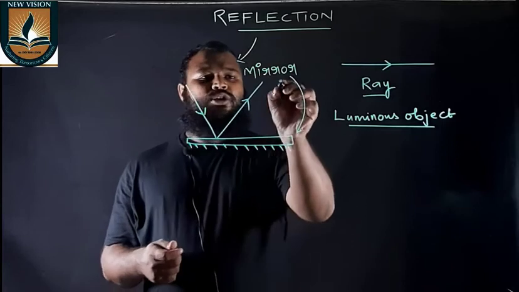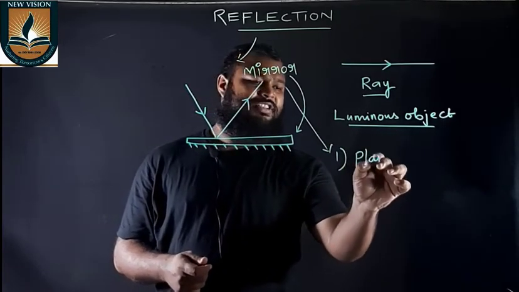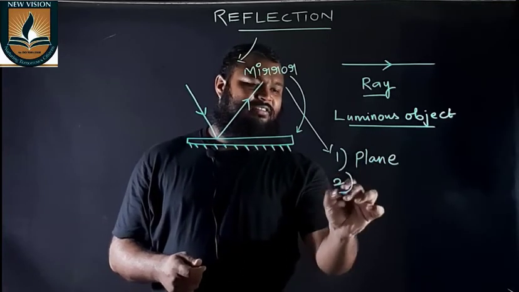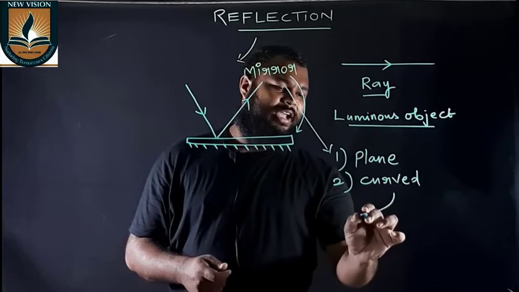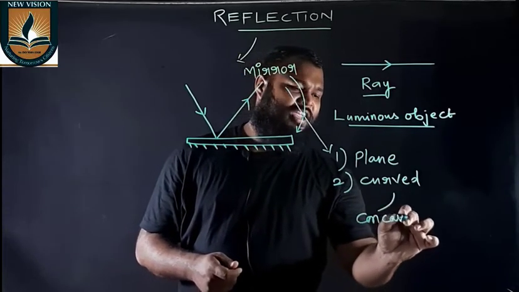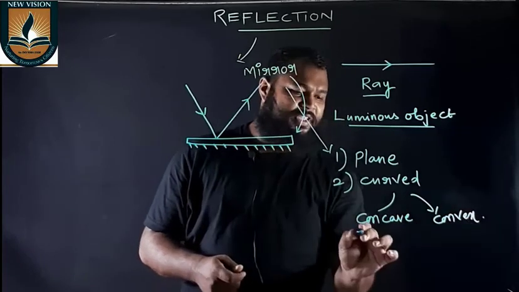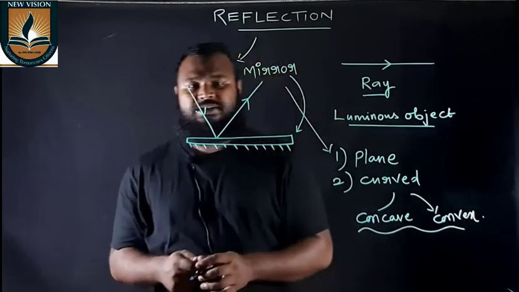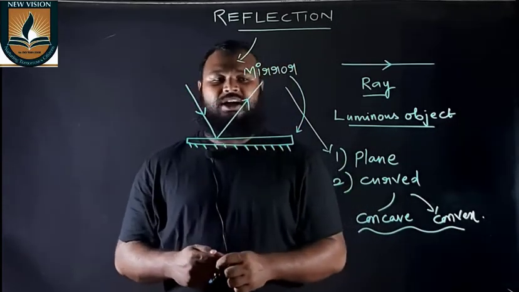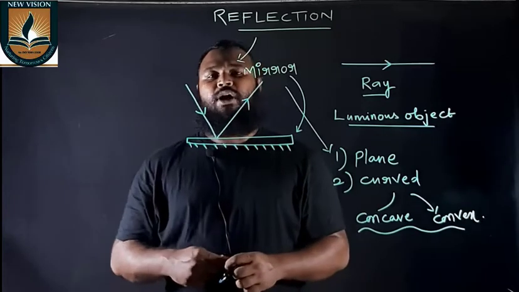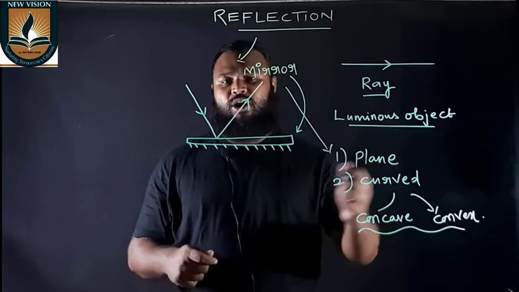There are two types of mirrors. One is the plane mirror, which is a flat mirror, and the other is the curved mirror. In curved mirrors, again you have two types: one is the concave mirror and the other is the convex mirror. These two are called curved mirrors or spherical mirrors. We discuss how reflection occurs on a plane mirror and also on curved mirrors, that is concave mirror or convex mirror.